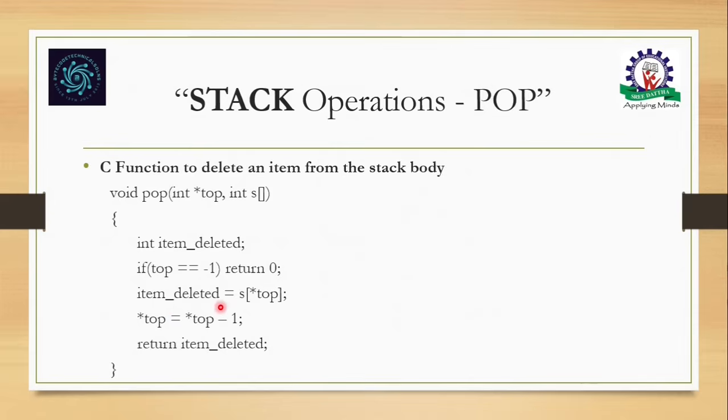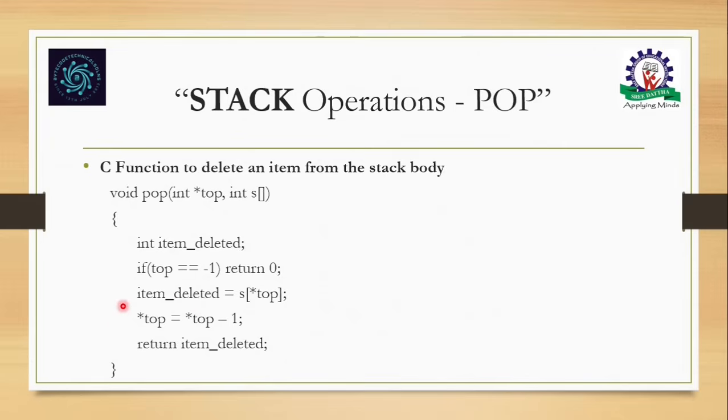The next line indicates that first we will mark the particular element that is to be deleted. The element marked by the top pointer, whatever value is there at that location S of top, will be stored in item deleted. So first we will read it.